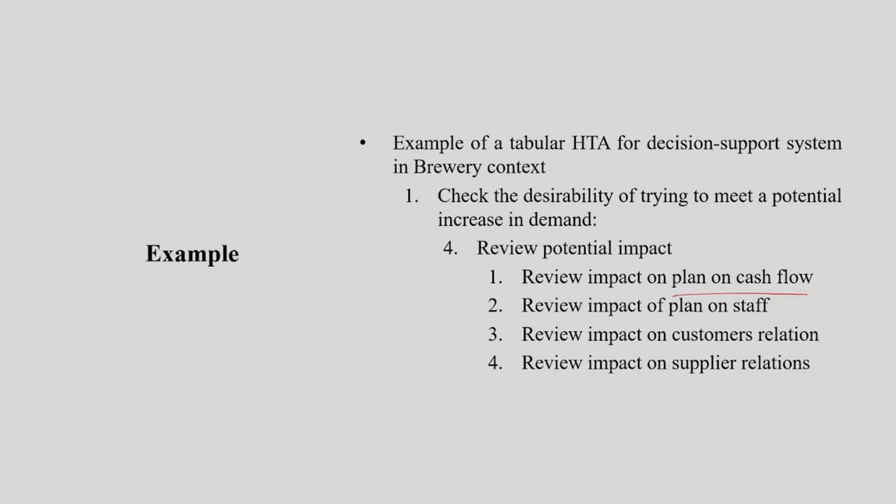For your case or your research, depending on the context, it may change. Plan on the staff, so when do you recruit, what are the terms and conditions you are applying, what job role you are assigning, what job rotation you are planning, what break cycle you are planning for your staff, everything.